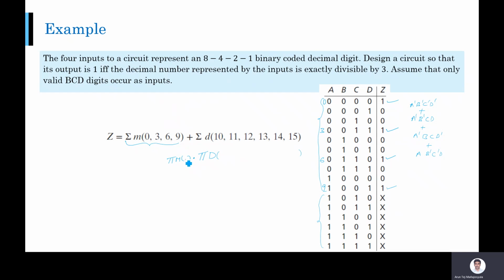From 0 to 9, what are left out here? For maxterms, it will be phi M 1, 2, 4, 5, 7, 8. Okay, and then phi D of 10, 11, 12, 13, 14, 15. So this is your maxterm representation for your Z, along with don't care maxterm.